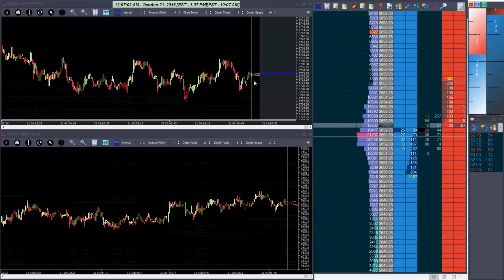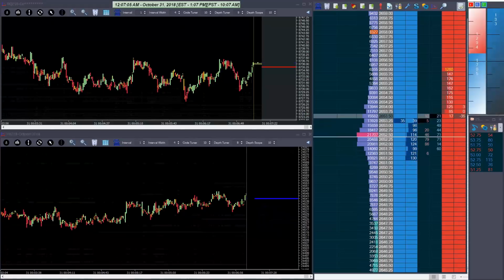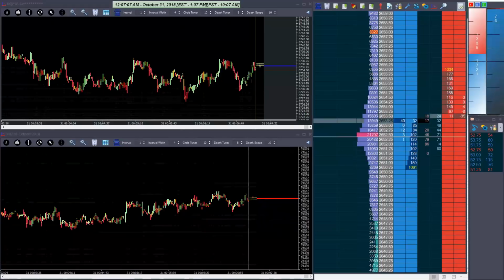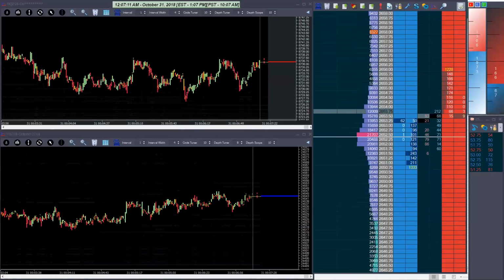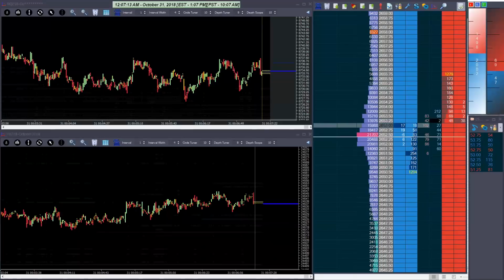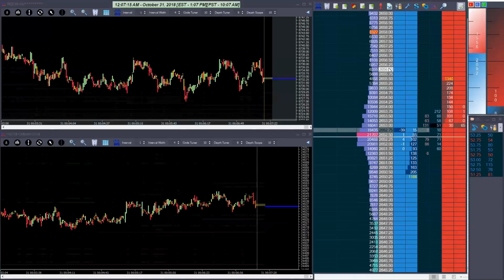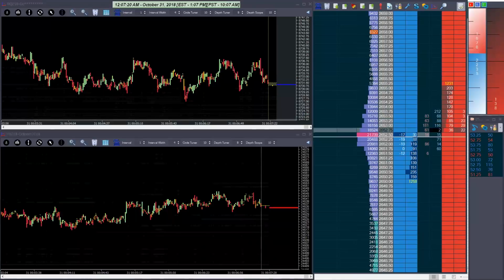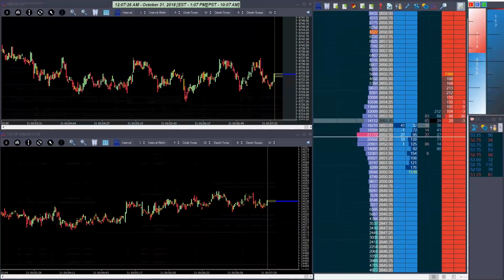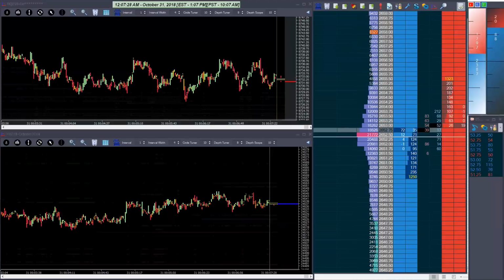Let's just try one more. I keep feeling this is going to break up, to be honest. Okay, so we can see they're breaking down. Now we've got this kind of sideways action.